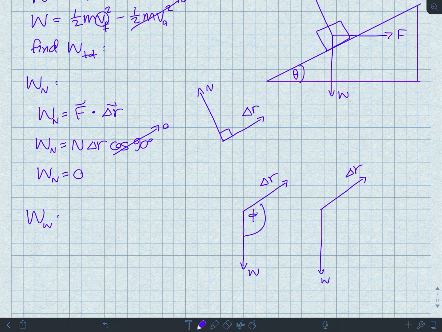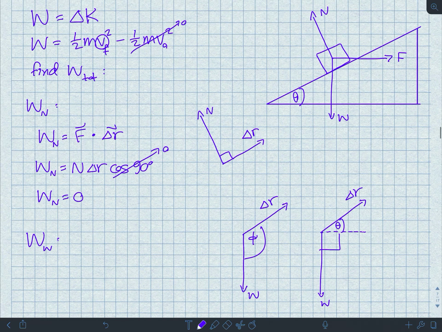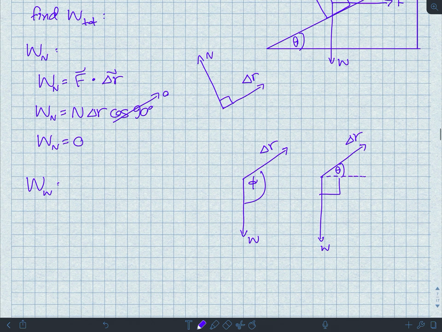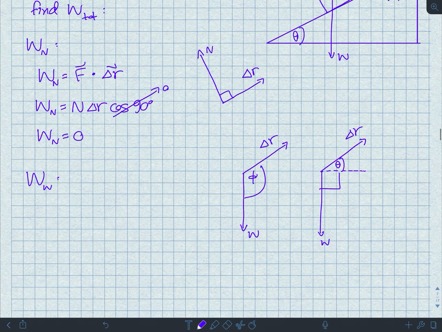And I'm going to break this up into 2 separate angles. So I'm going to call this one 90 degrees, and I'm going to call this one theta. Because, well, that's the ramp angle, yes? Okay, so this angle phi is 90 plus theta.